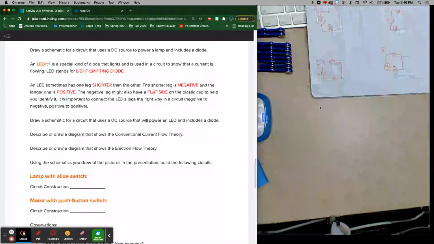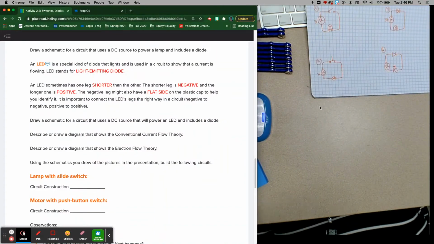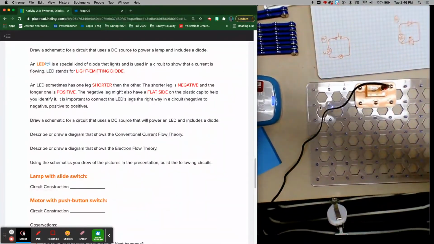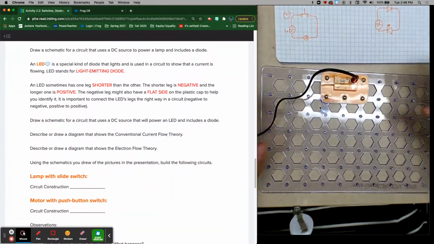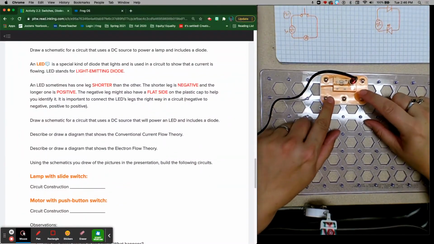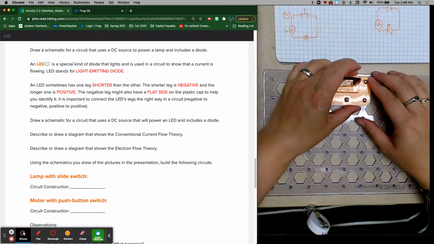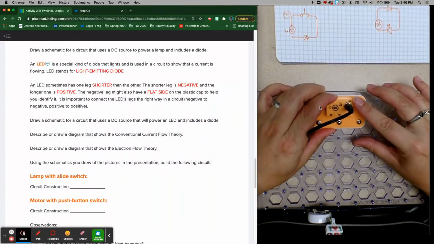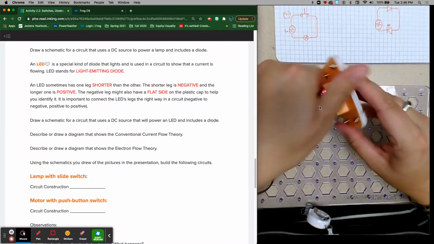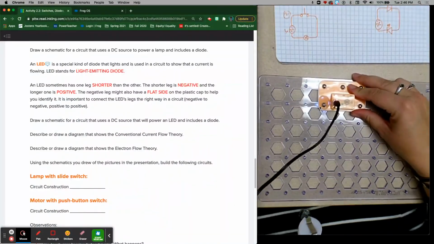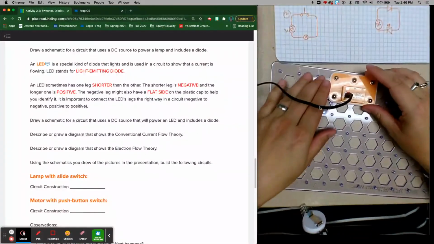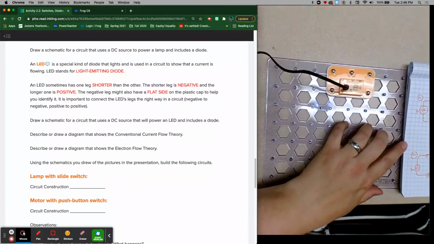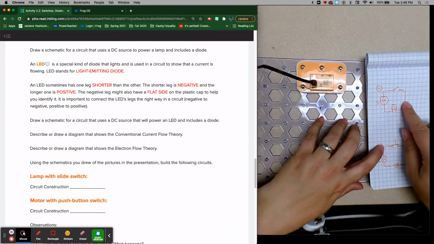So let's start with this first circuit. Here's our breadboard from the last lesson. But if you notice, our 6 volt is facing this way. Our diagrams, however, all show 3 volt, which is over here, hard to see behind the plug. So I'm just going to turn that around. So our first diagram was this one.